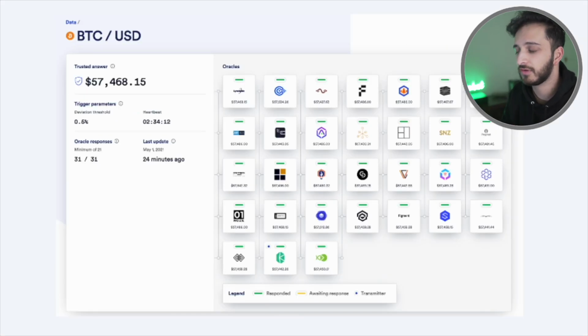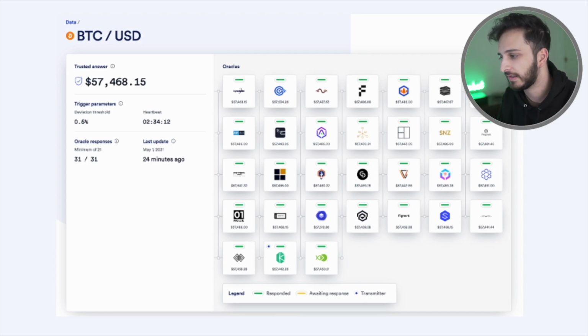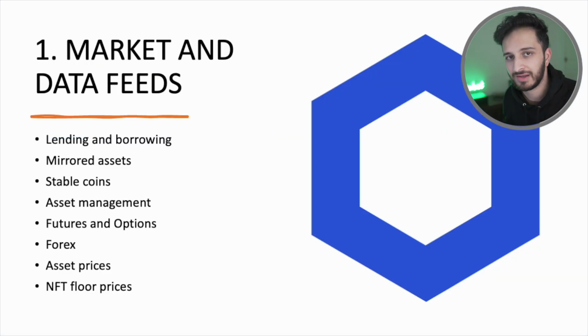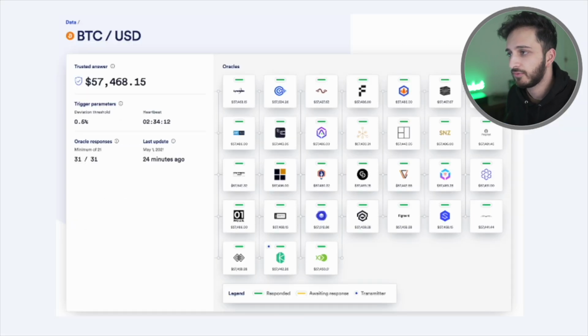So here's an example. Here's the price feed of Bitcoin against US dollar. Imagine you're on a blockchain, and your smart contract wants to know what the price is, because based on the price, your smart contract might want to liquidate someone if you're on a borrowing and lending platform. Well, in order to figure out the price, you've got all these different nodes here. All these different node operators will go and fetch this data off chain.